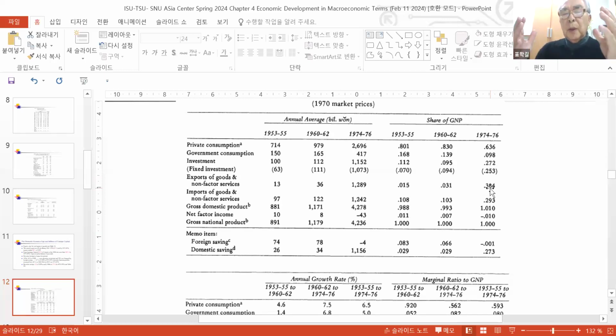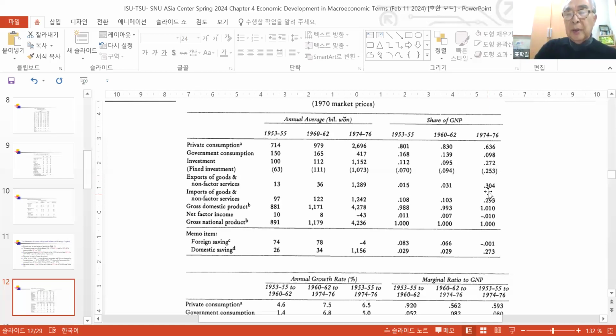If there was a 100 GNP increase, volume was 100. Previously, less than 1% was devoted to exports. Now, over 30% are going out. South Korea's production, 30% were going out into exports.